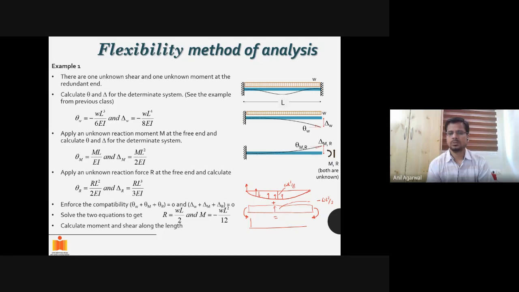This 0 will turn into WL square by 12. At mid span, it will be WL square by 8 minus WL square by 12, and that's what you have, WL square by 24.